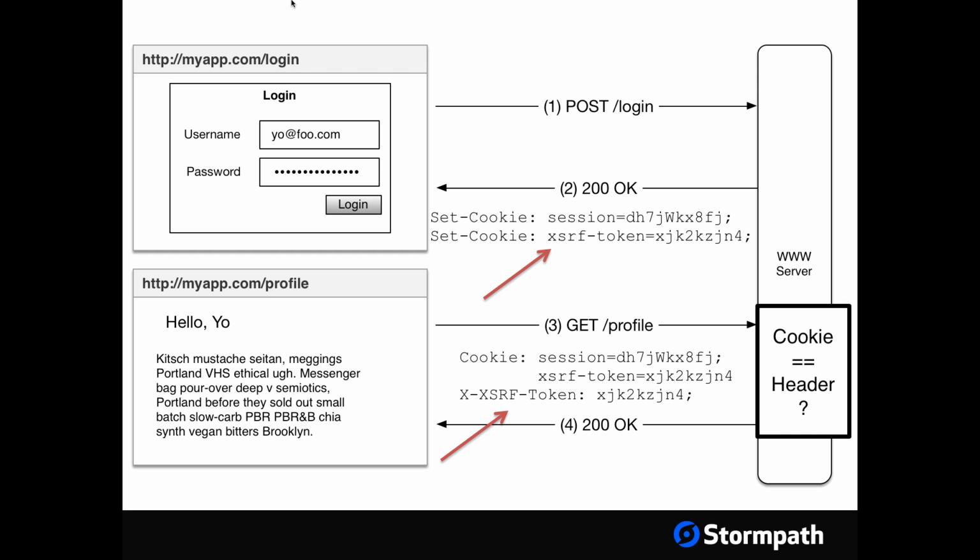Attackers on other websites won't be able to forge an attack using JavaScript, because when you try to set a custom header like this in JavaScript cross-domain, it's going to blow up. The browser's going to say, no, I'm not allowed to do that because I'm not allowed to talk to that domain. So this is one way you can trigger the browser to enforce that check, by setting this in the header. On the server side, it's super simple. You just ask, did I get the same value in a cookie and in a header? If so, clearly this is coming from JavaScript running on my domain.